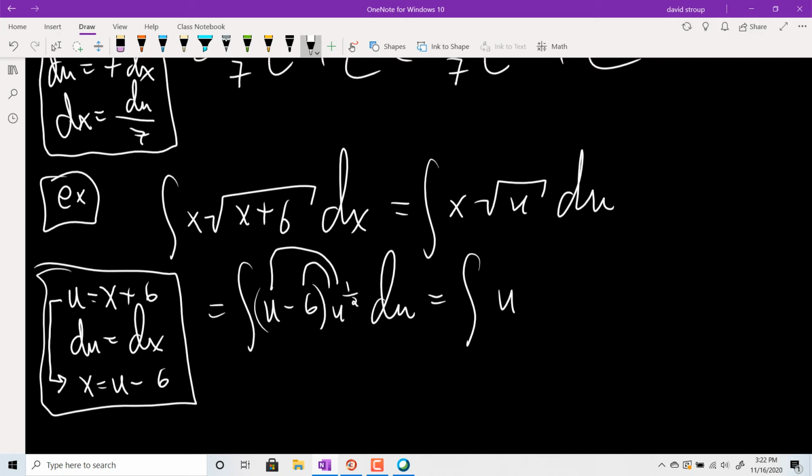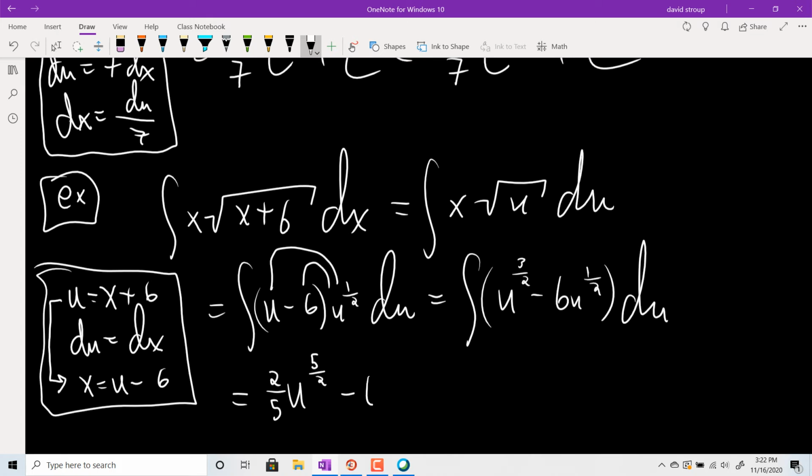So u to the 1 plus 1/2 is 3/2, minus 6u to the 1/2. And then we need to integrate that with respect to u. So I'll have u to the 3/2 plus 2/2 is u to the 5/2 times the reciprocal, minus 6u now to the 3/2 times 2/3, and then plus c.